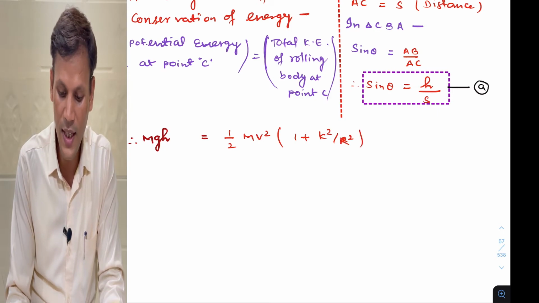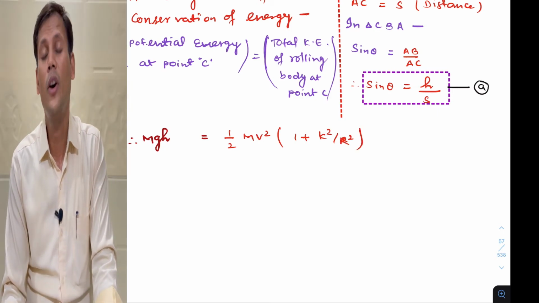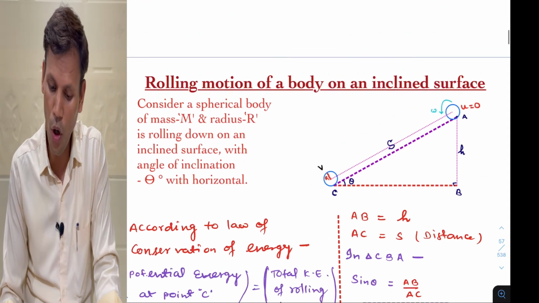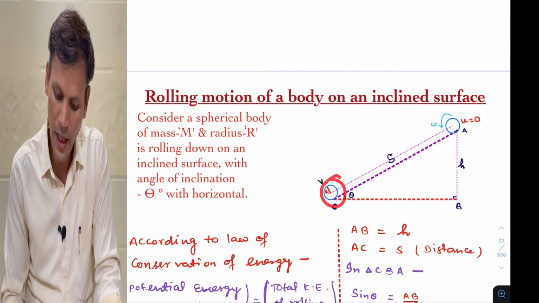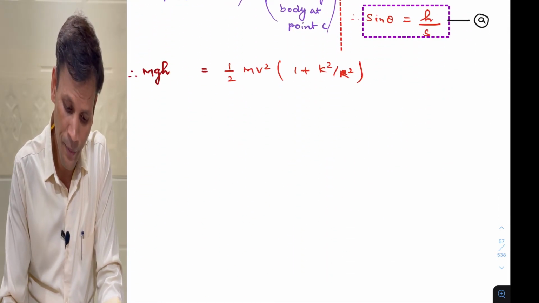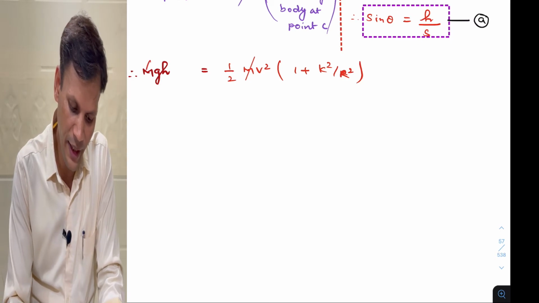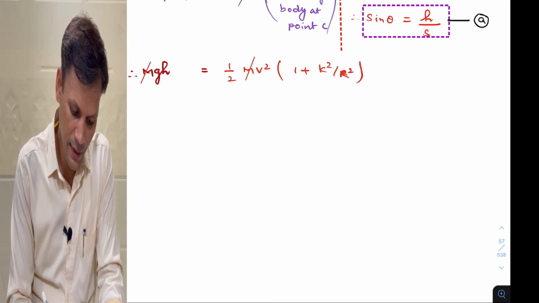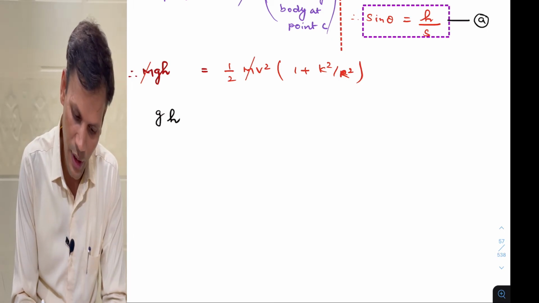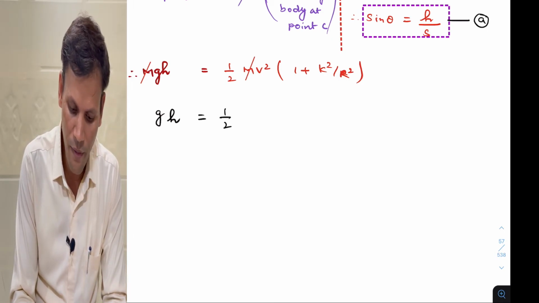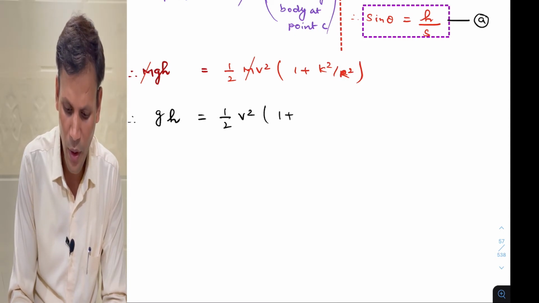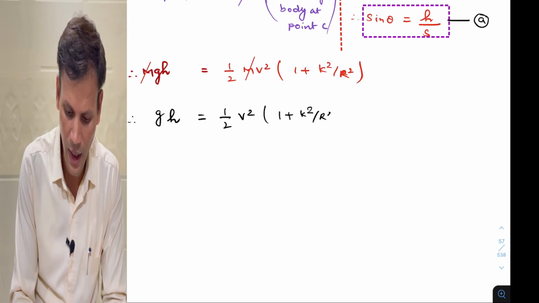First of all, as I said, we will find out the velocity of the rolling body when it reaches point C. At this point, what will be its velocity? So m and m get cancelled. We will get gh is equal to half v square in bracket 1 plus k square by r square.